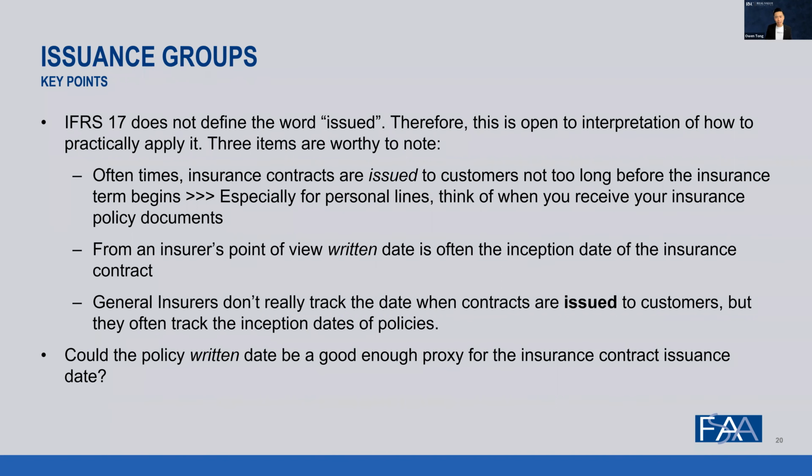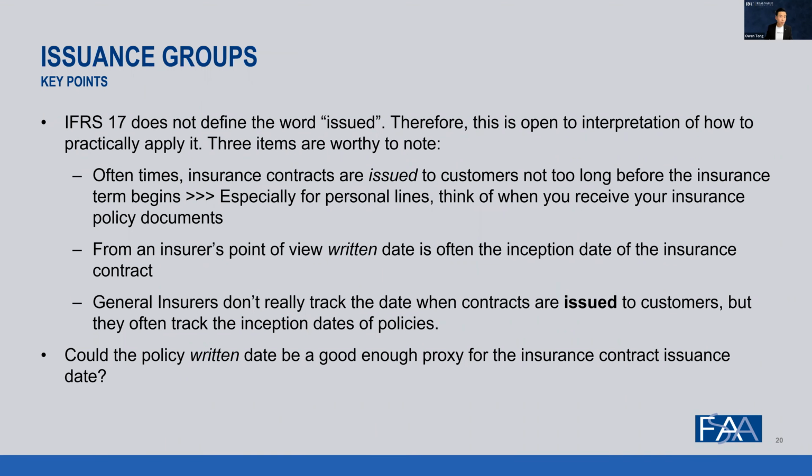Given that your issuing date is not too far from, say, the writing date, and also if you overlay that with the purpose of IFRS 17 to make the presentation to investors a little bit more transparent and faithful, if it's not too much different but it actually makes it easier to communicate and easier to do for insurance companies, could the writing date, the policy written date, be a good enough proxy for the issuance date?